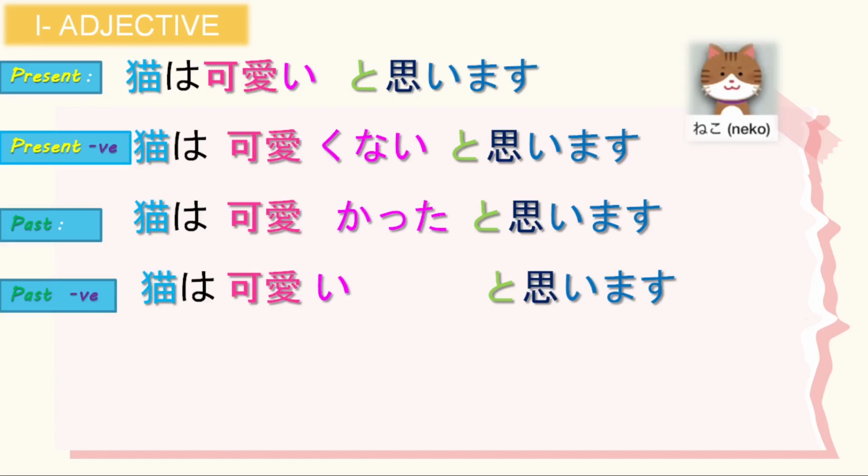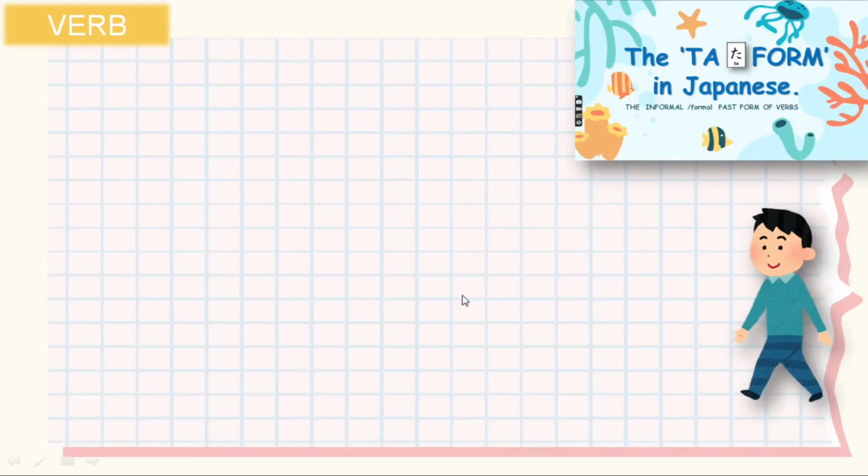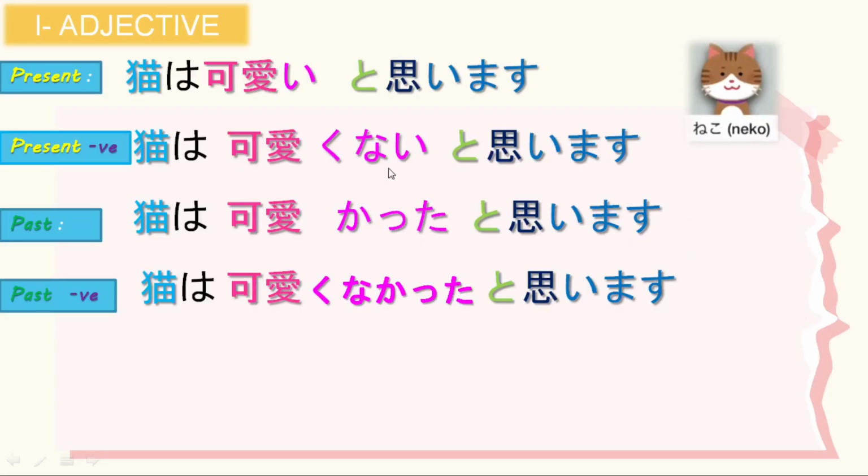And in the past negative tense, you just drop the e and add くなかった. Needless to explain, you know how this kunakatta came into existence, right? I first take the kunai part, I drop the e, and I add katta. That's how we do it. Kunai, drop the e, and add katta. Kunakatta.